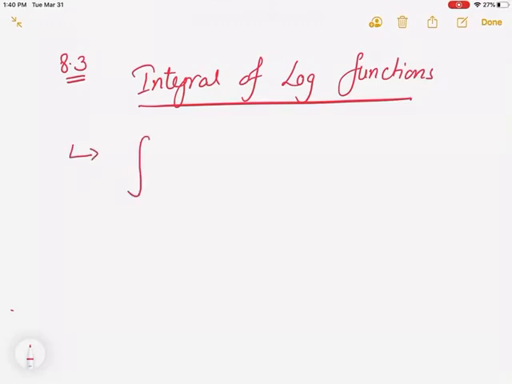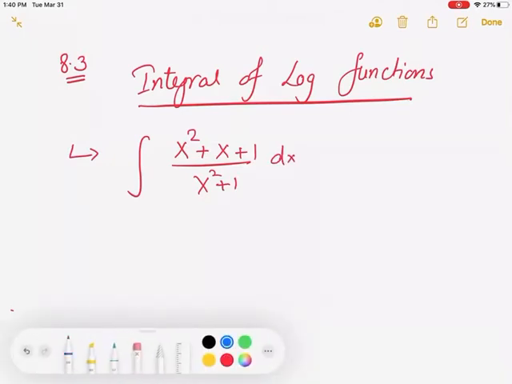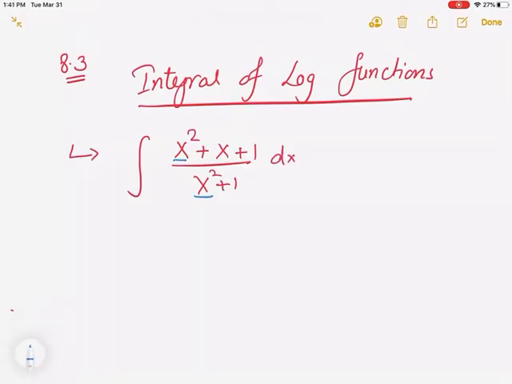So look at this one here. I have x squared plus x plus 1 over x squared plus 1. What I see is the degree for top and bottom expression is square, so it means it's the same. If I look at the derivative of the bottom one, it's no way going to be same as this one.